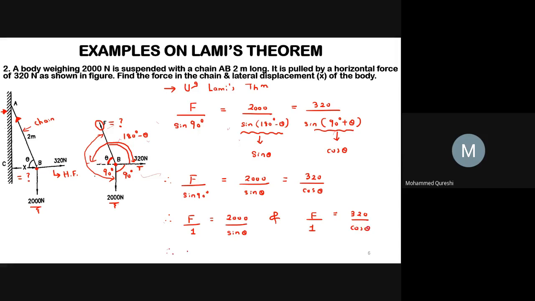So you will get F sine theta equals 2000 and F cos theta equals 320.